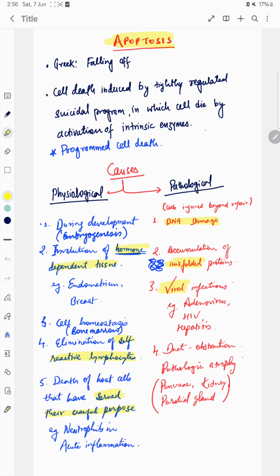Hello everyone. Now we are going to discuss a form of cell injury known as apoptosis. The literal meaning of apoptosis is falling off.